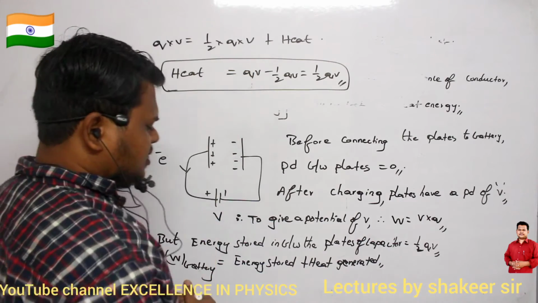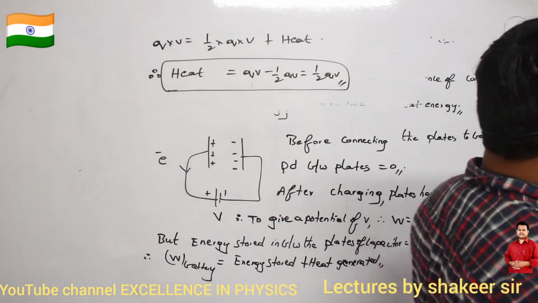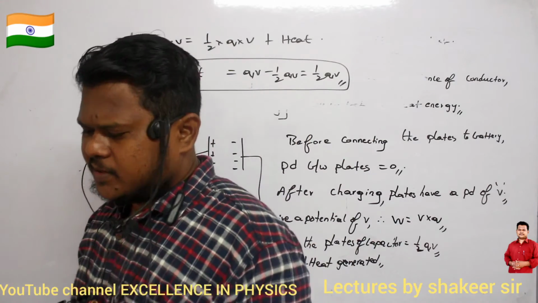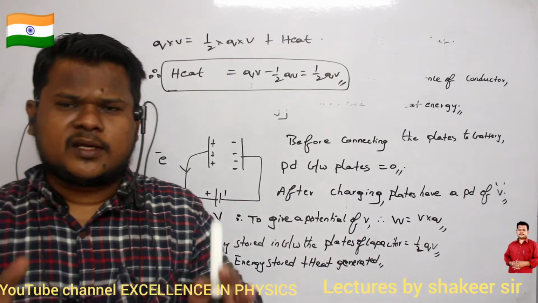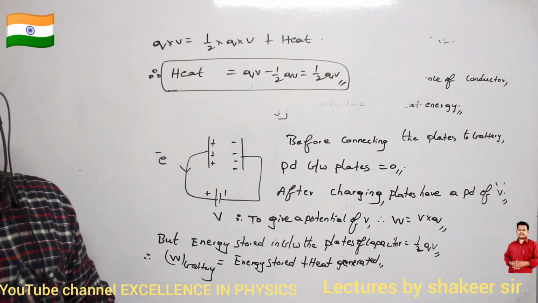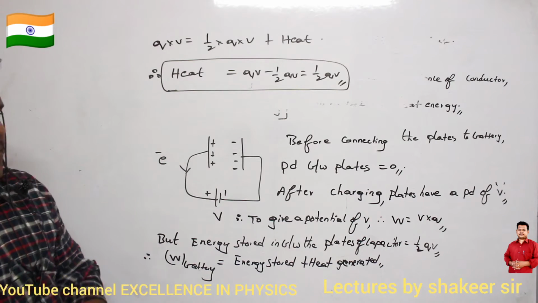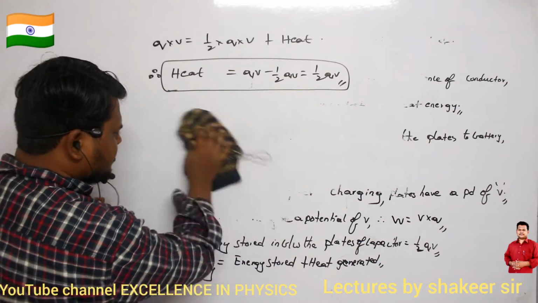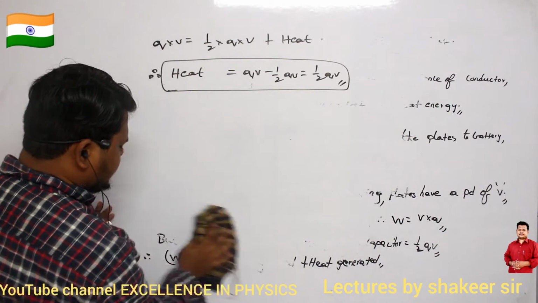So by looking at these equations, of the total work done by the battery, only half of the energy is deposited as potential energy between the plates of the capacitor. The remaining energy is wasted as heat energy. Energy stored is half QV, and heat generated is also half QV.